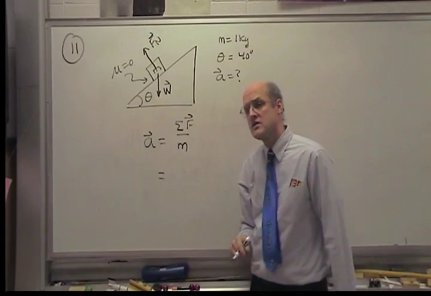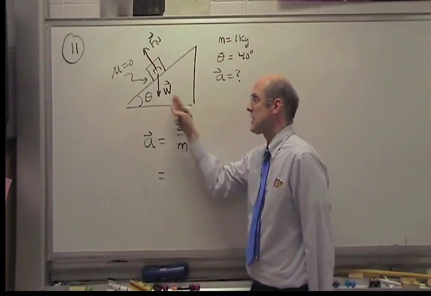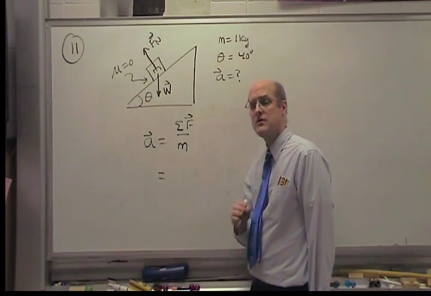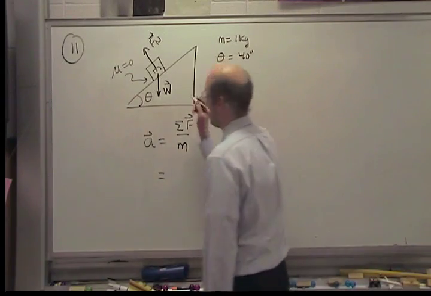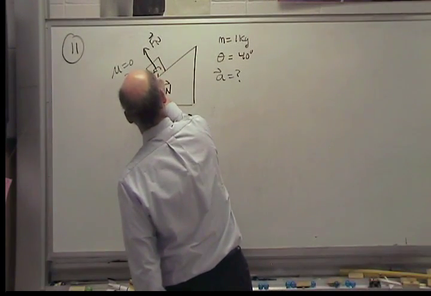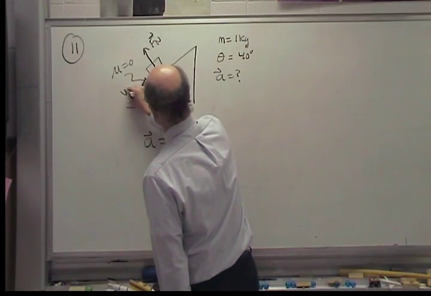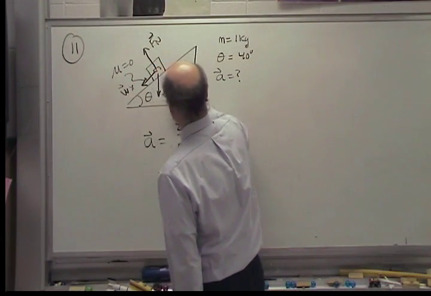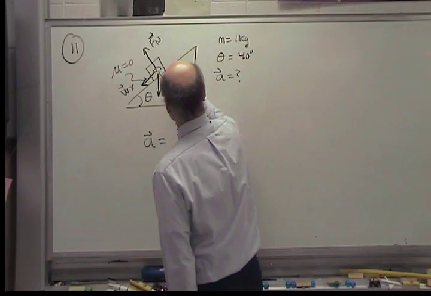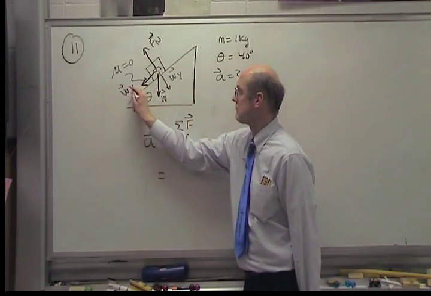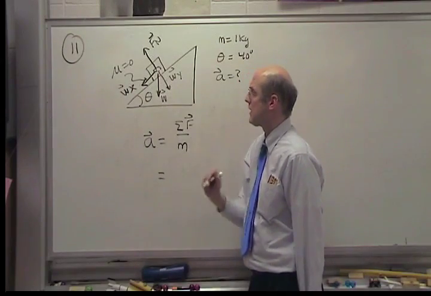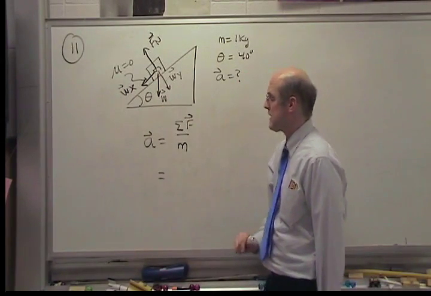These are the two forces acting on the mass, the normal force and the weight. I'm going to break the weight up into its x and y parts, where x is along the surface of the inclined plane. Okay, so here's weight x, here's weight y, and weight x straight downward.